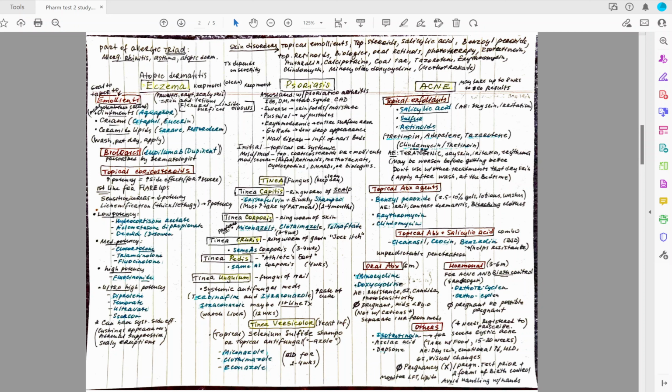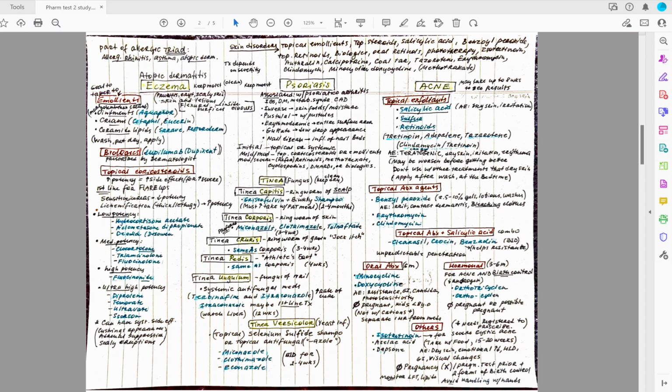And guttate, that's a dewdrop appearance. And nail disease is inflammation of the nail beds. So just remember: inverse with skin folds, pustular, erythrodermic, guttate, and nail disease. Not much to remember, but it can be confusing when you have too much information.